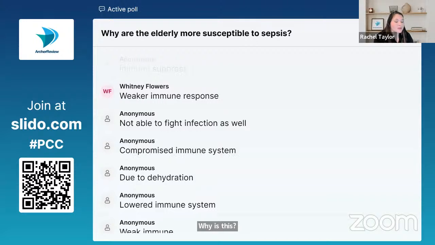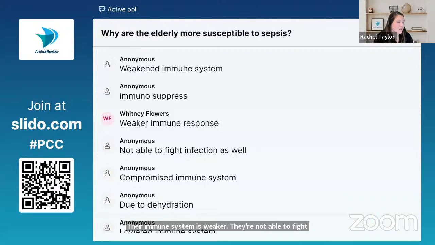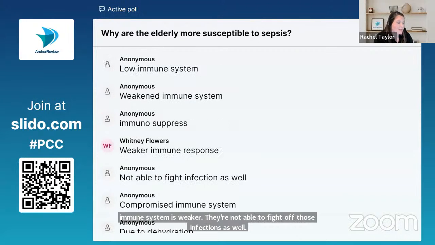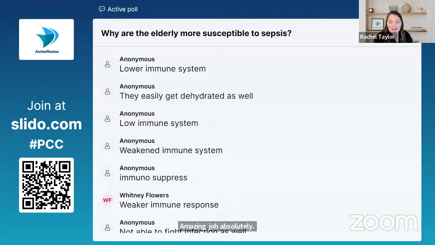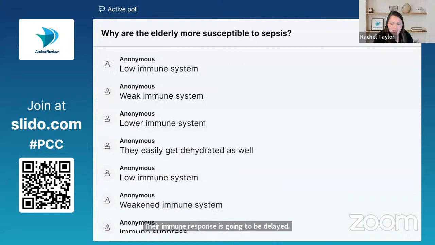Good. Their immune system is weaker. They're not able to fight off those infections as well. Amazing job. Absolutely. Their immune response is going to be delayed. So that's why we don't always see the fever right away. Sometimes that fever comes later, and it's because the immune response is delayed. Nice job, everyone.